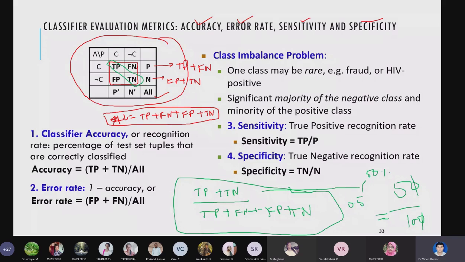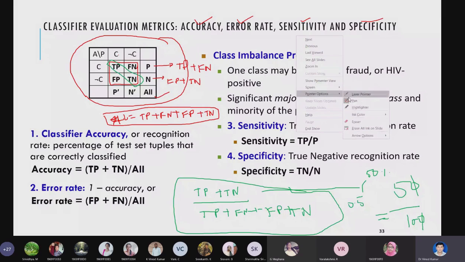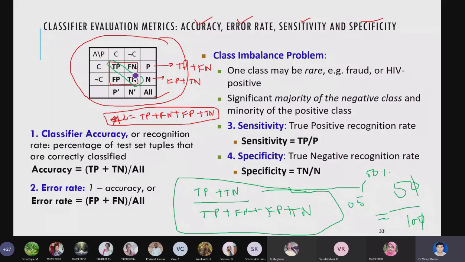Next one is the error rate. You can calculate it: just subtract the accuracy from one, and you will get the error rate. You can also calculate the error rate like this. This diagonal is the principal diagonal, from top left to bottom right, where all the answers are correct.